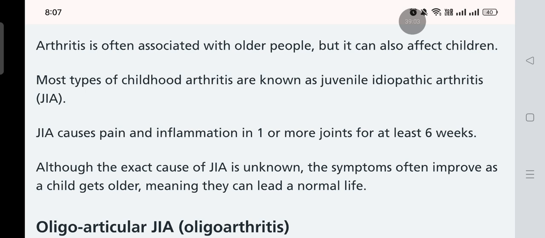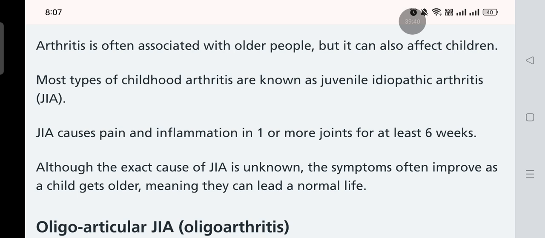Most types of childhood arthritis are known as juvenile idiopathic arthritis, known as JIA. Juvenile idiopathic arthritis causes pain and inflammation in one or more joints for at least 6 weeks.